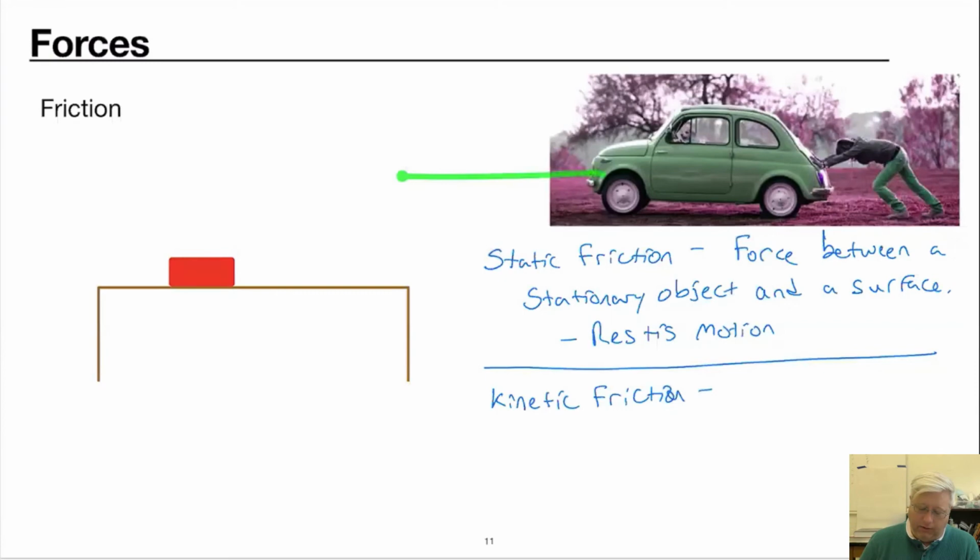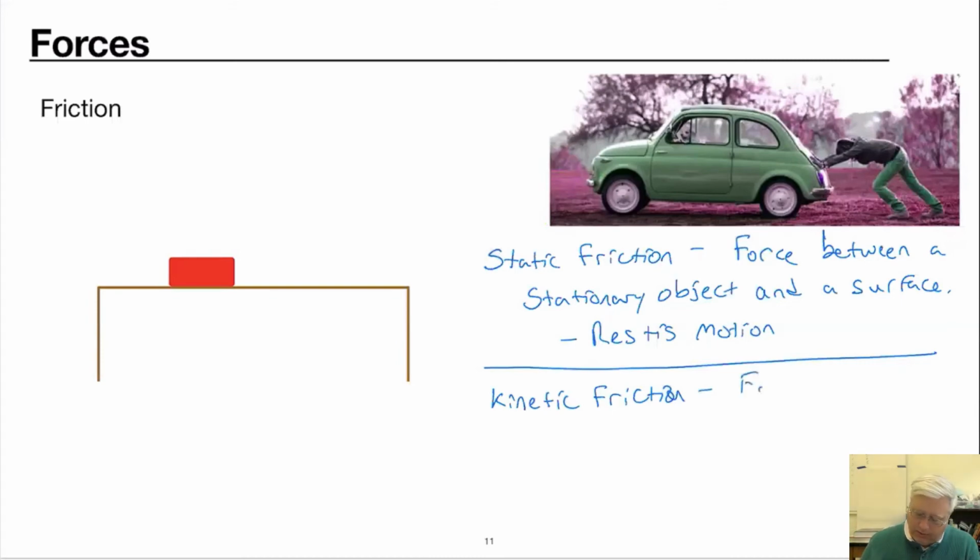Even though it's moving to the left, kinetic friction would still be pointing in the opposite direction because it's still trying to resist that motion. There usually is friction in real life, although a lot of times in physics we try to ignore it just to make a situation simpler to understand.